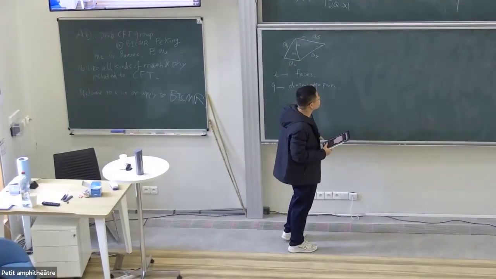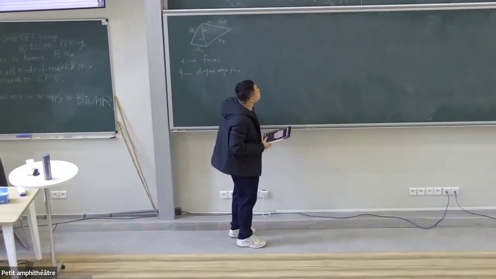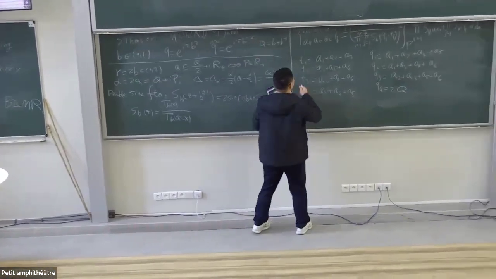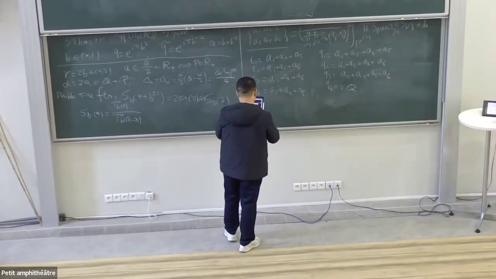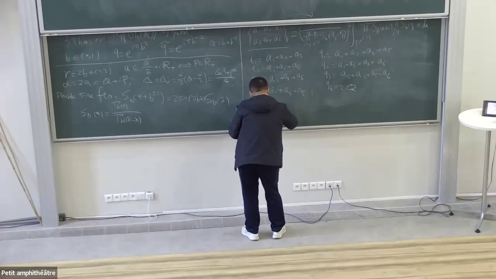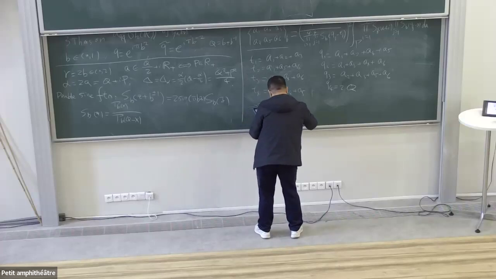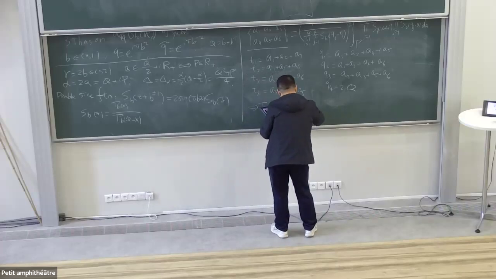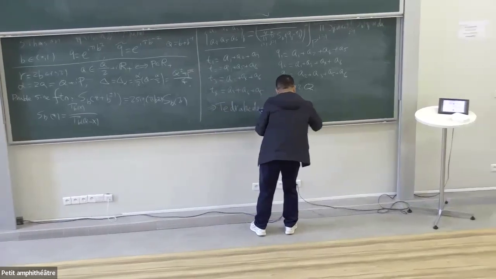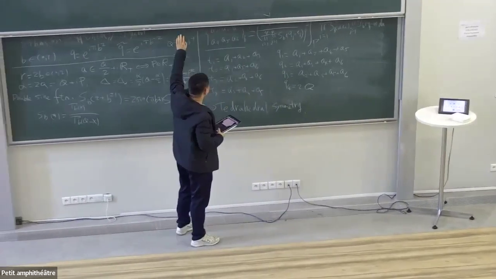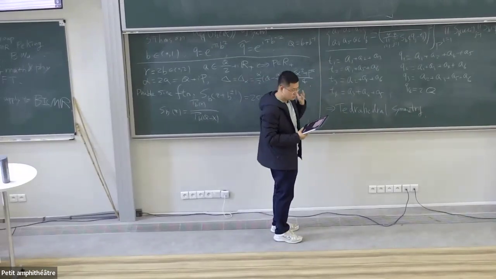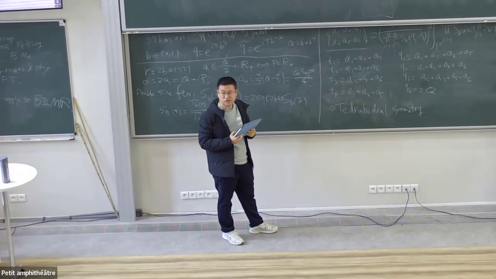Okay, so with this interpretation, it's easy to see that this function has tetrahedral symmetry. And so the most important property of the sigil symbols is the pentagon relation.